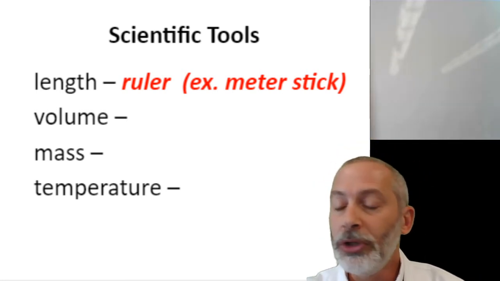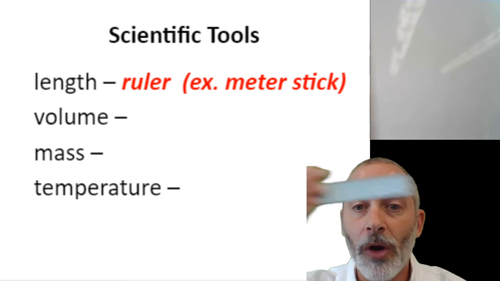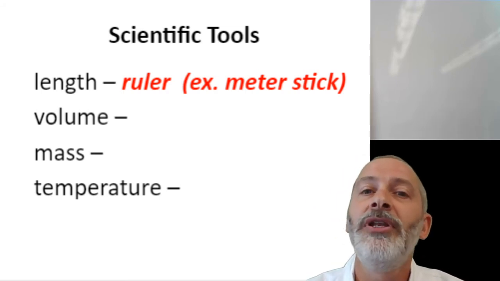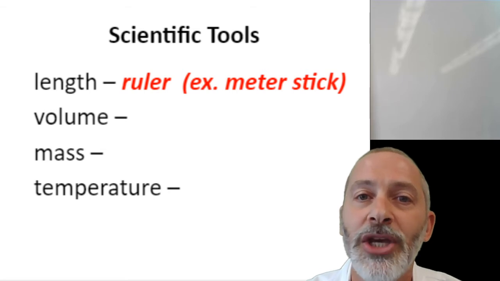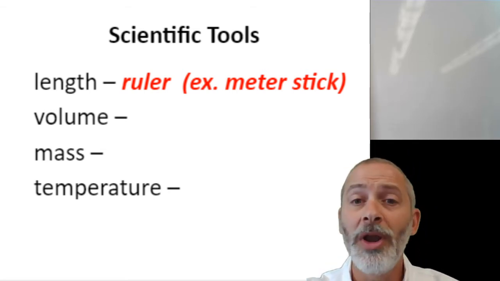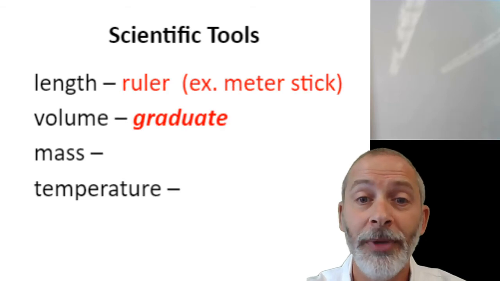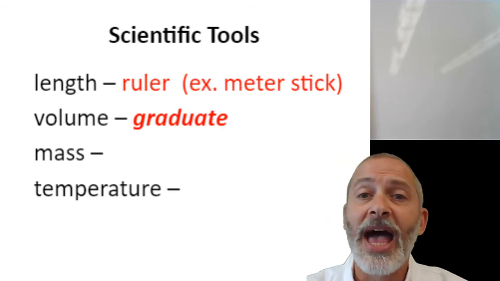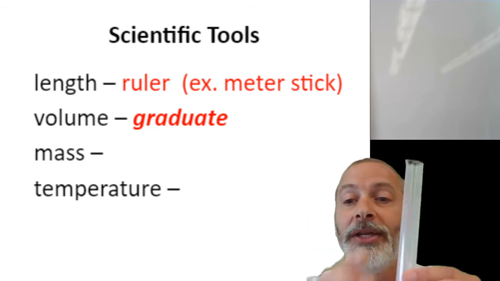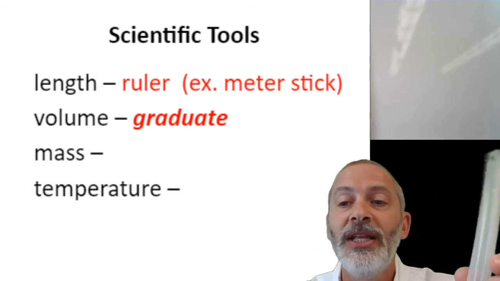So, a ruler, whether small or large, like the micrometer yesterday, are different types of rulers that we use to measure the length of something. Well, what about volume? Well, in science class, we use a tool called a graduate or a graduated cylinder.